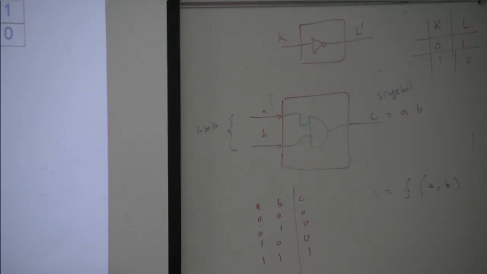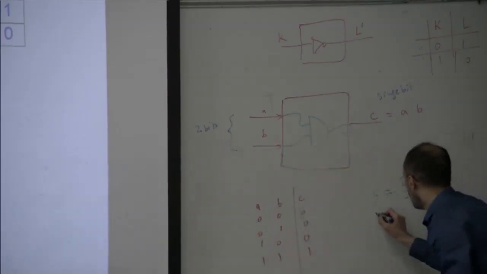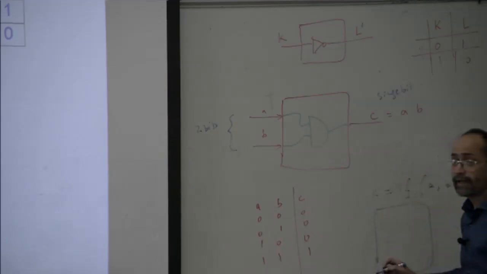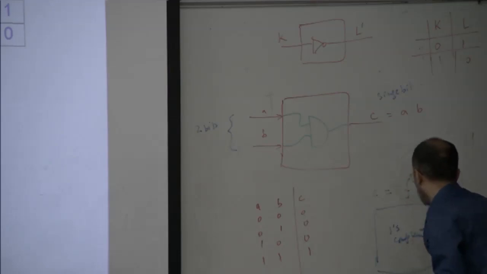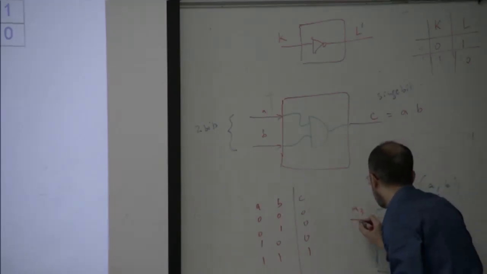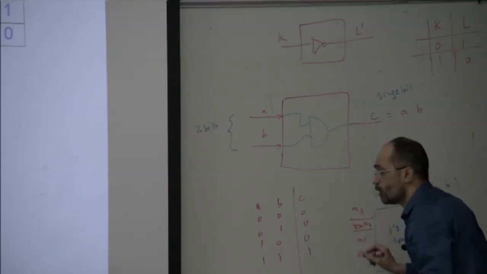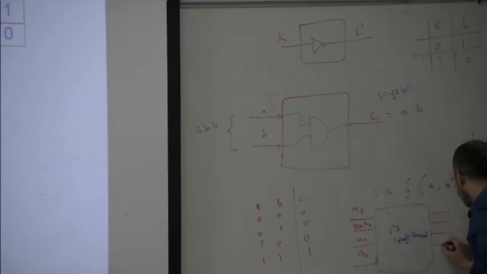Ones complement. Very good. So now let's assume we have an n bit number and we want to find the ones complement. Let's assume that this number is A3, A2, A1, and A0. How many bits? 4 bits. The output is C3, C2, C1, and C0.